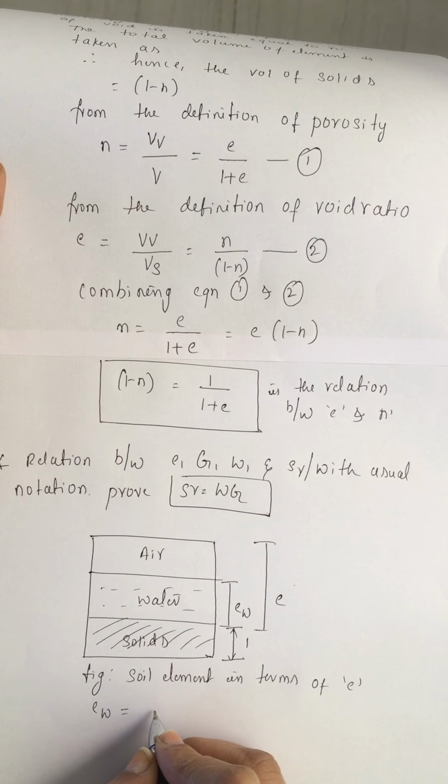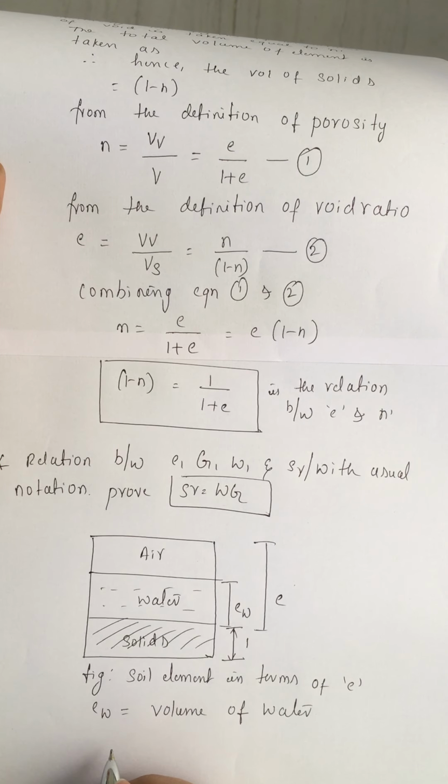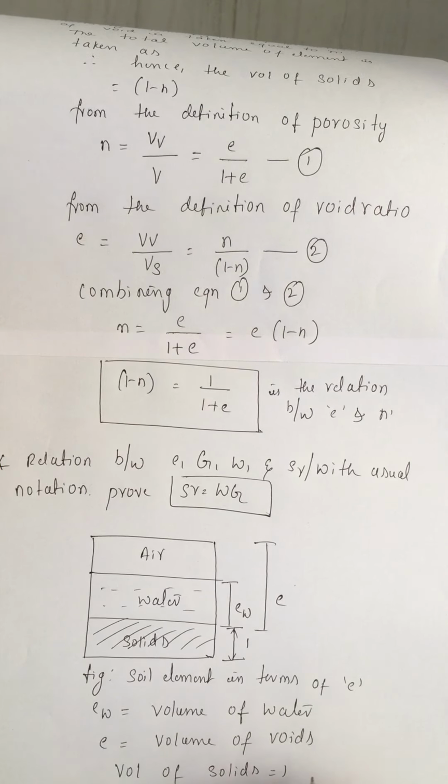ew represents the volume of water. In terms of the void ratio, we can take the volume of water as ew, e is equal to volume of voids, and volume of solids is taken as unity, that is 1.